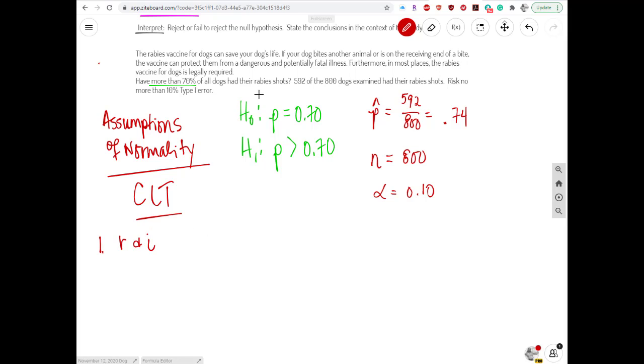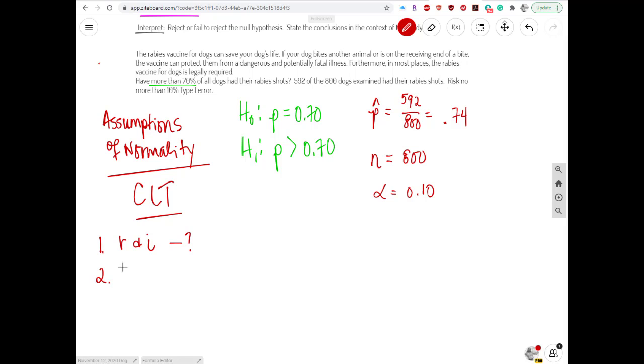Actually, as I read this, it doesn't say anything about random and independent sampling. So I'm going to put a question on that right now, so that if we proceed with the tests, we can at least say it would be necessary to confirm that this was a random and independent drawing. I'm going to put that as a question mark for now.